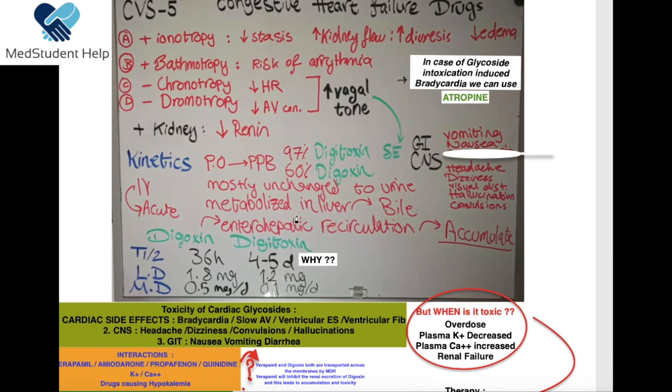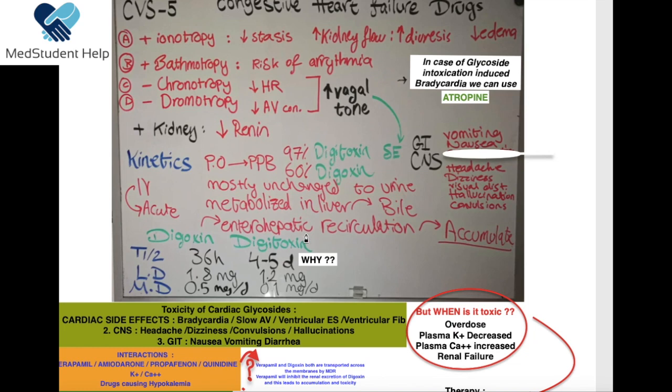So glucuronide conjugation of the digitoxin in the liver is going to be sent to the bile. It is going to reach the intestine. Now, in the intestine, we have bacteria, right? These bacteria are able to cleave the glucuronide that was bound to the digitoxin. So if we cleave the glucuronide from the digitoxin, what is left is digitoxin alone. It's like the active form of the drug again, right?